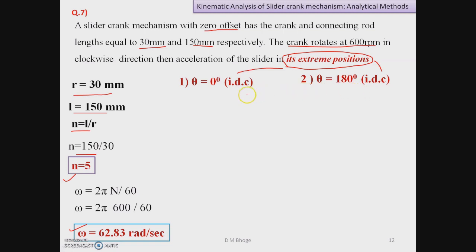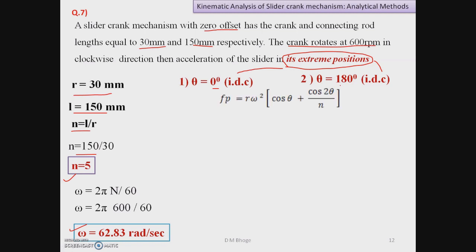Because when the piston is at TDC, crank pin will be at IDC, so crank angle will become 0 degrees, and when the piston is at BDC, crank pin will be at ODC. So the angle with respect to IDC is 180 degrees.